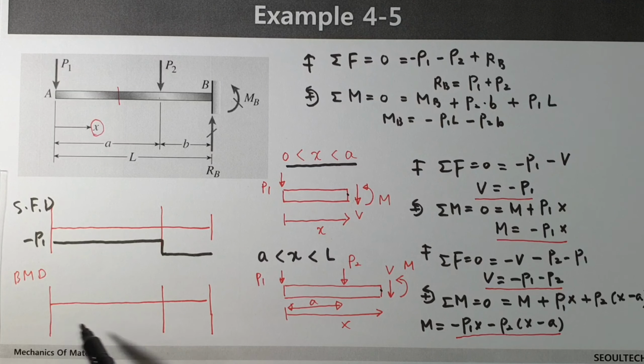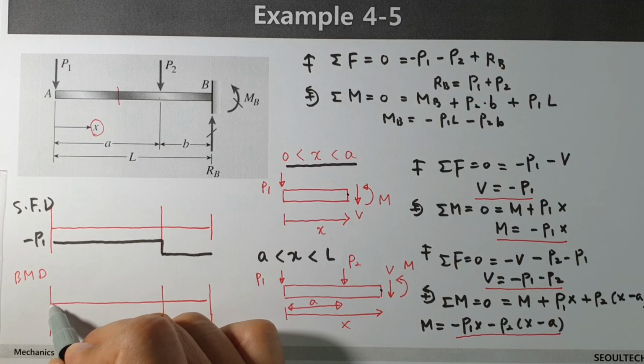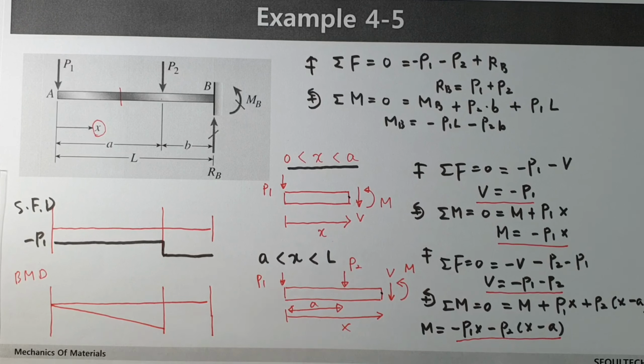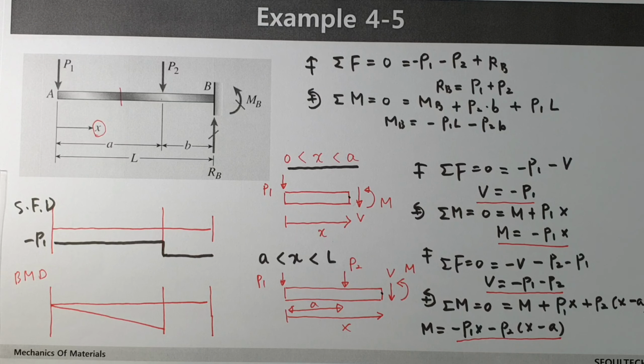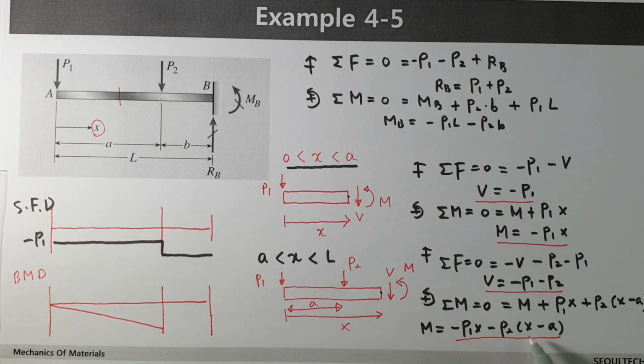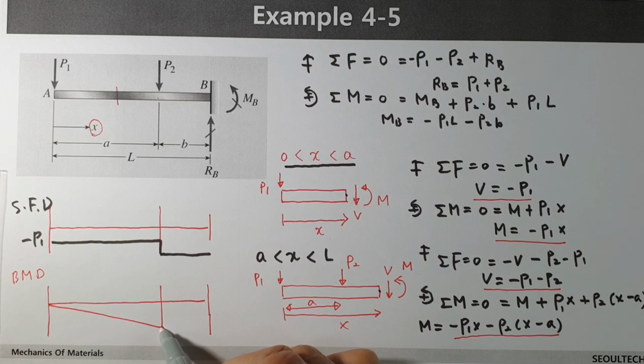On the left side, in this area, M equals minus P1 x, then something is located like this. And for the next one, we apply this: when x equals a, M equals minus P1 a, maybe at this point.